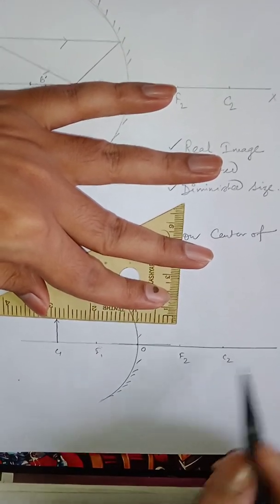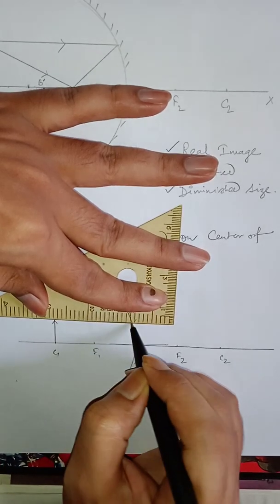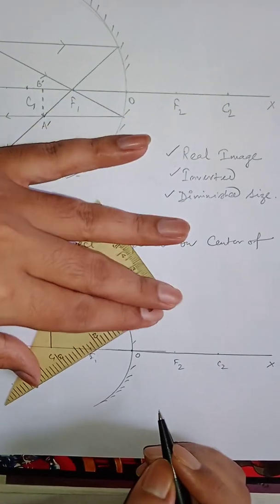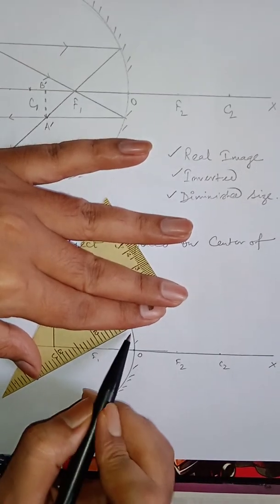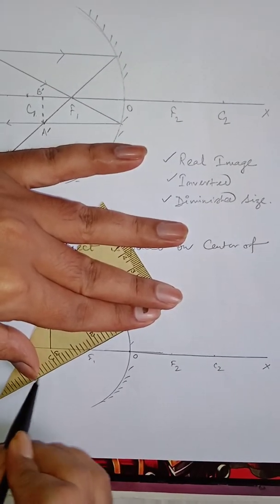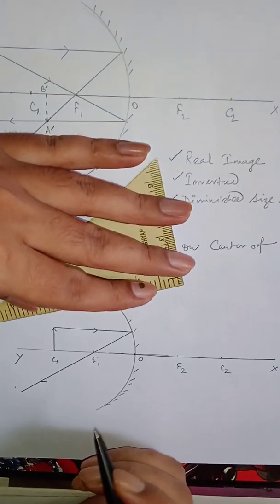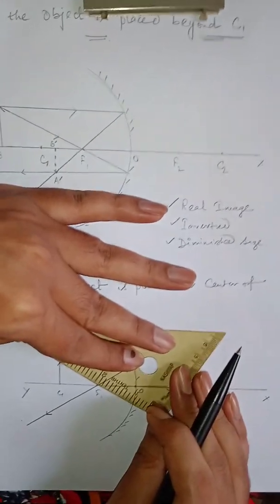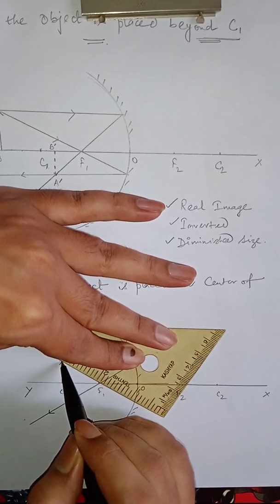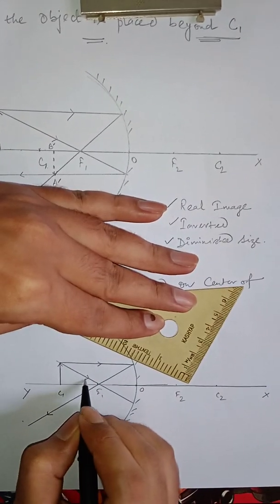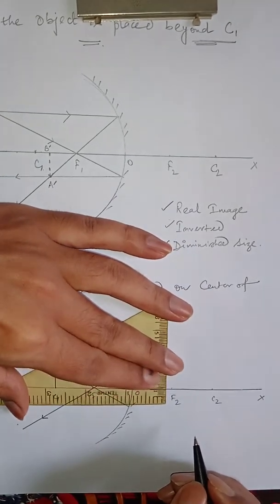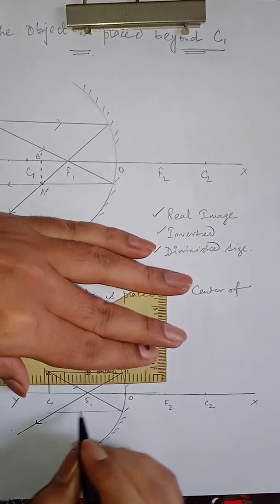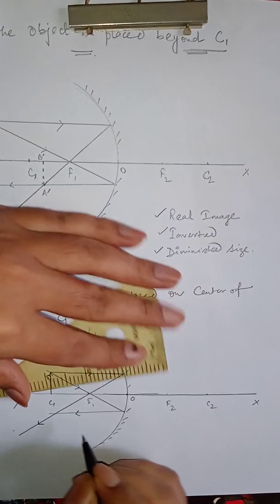so what will happen is that if I draw a line hitting the mirror parallel to the principal axis and eventually passing through the focus f1, and the second line passing through the focus, the reflected ray is parallel to the principal axis.